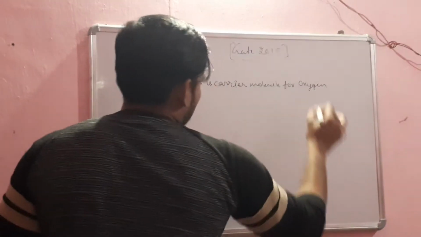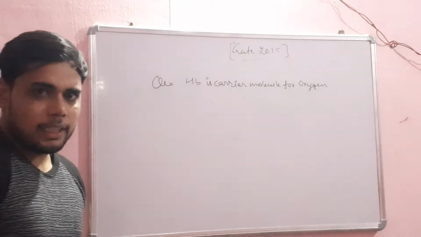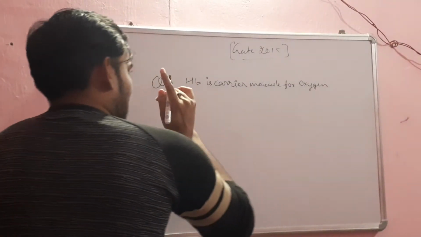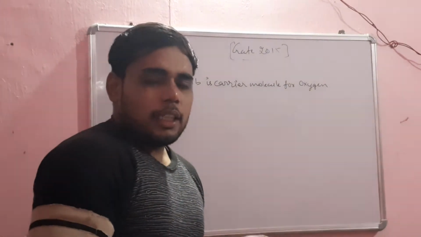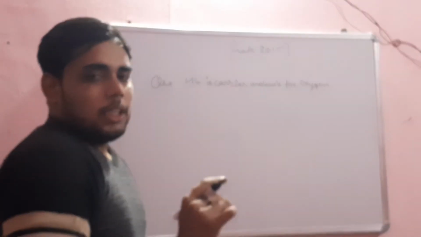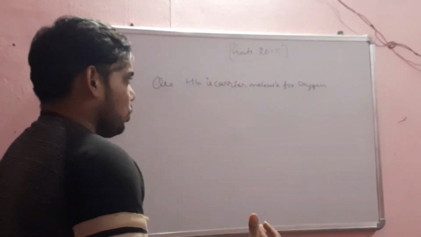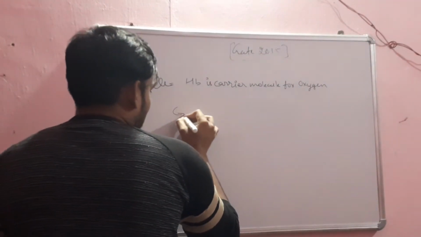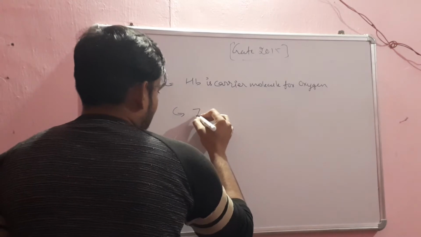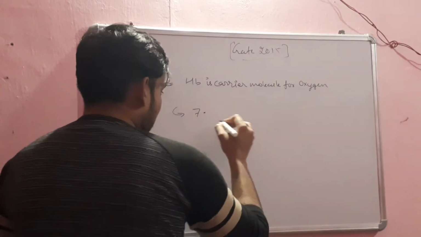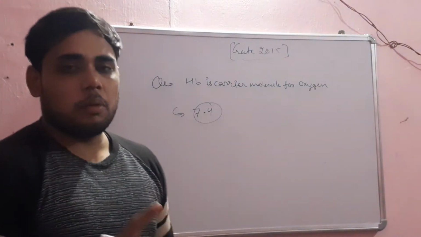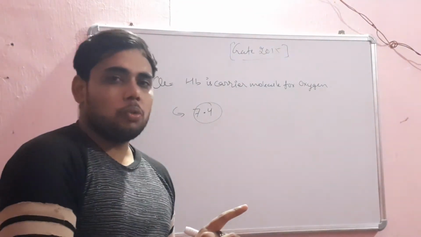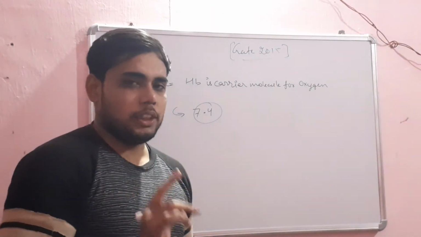The hemoglobin carries the oxygen molecule with itself. So when hemoglobin carries oxygen, they are asking at what pH this process takes place more efficiently. You have to remember this pH value, which is 7.4. Whenever we have 7.4 pH, the O2 binds hemoglobin more efficiently.